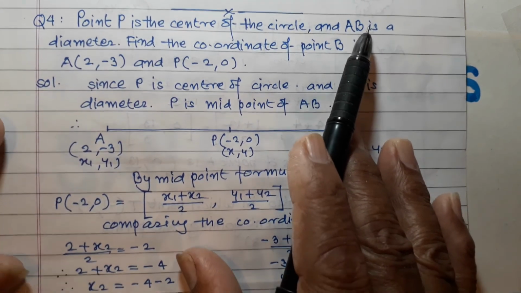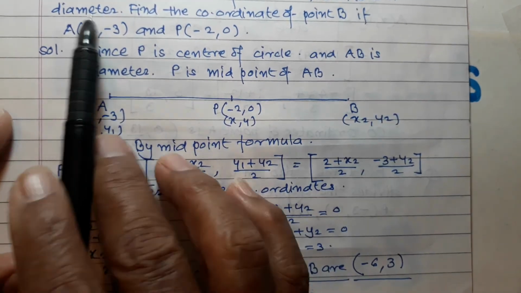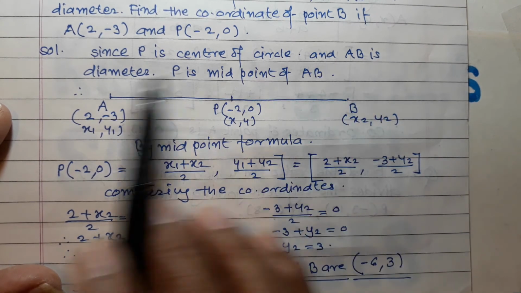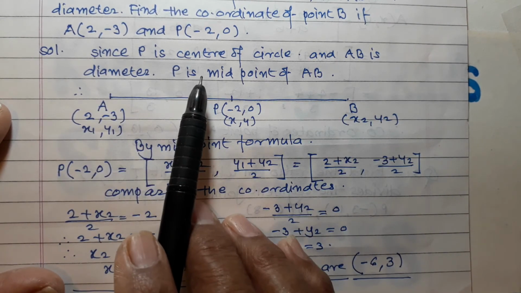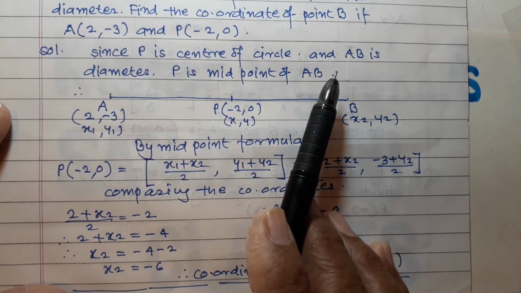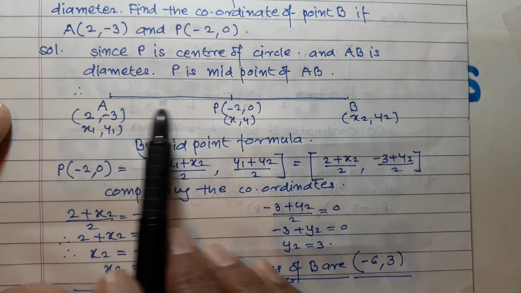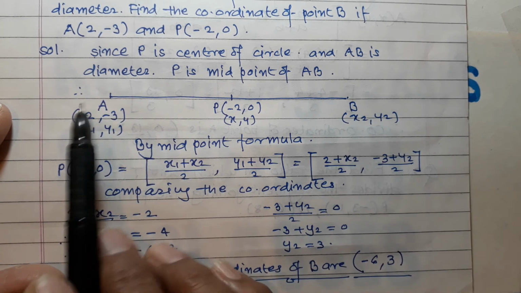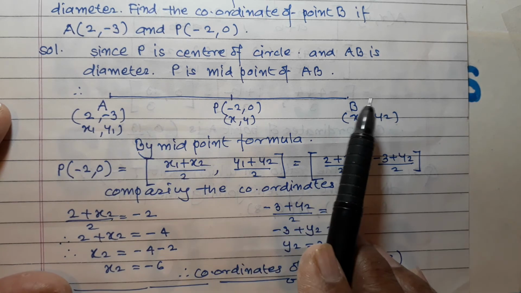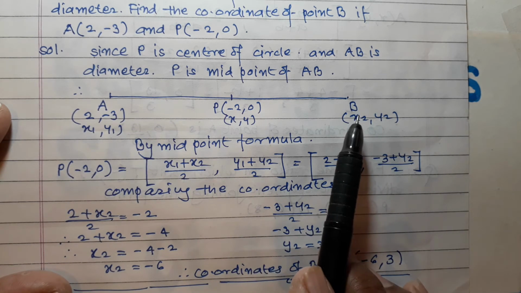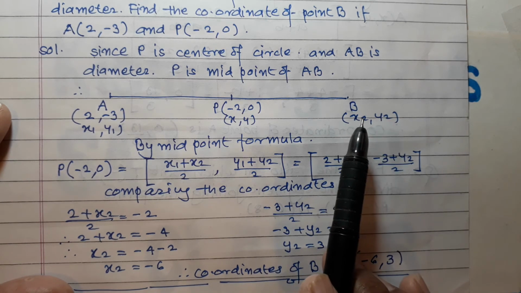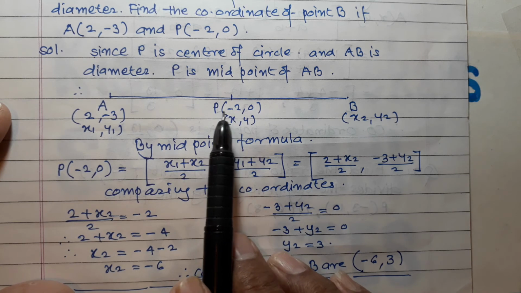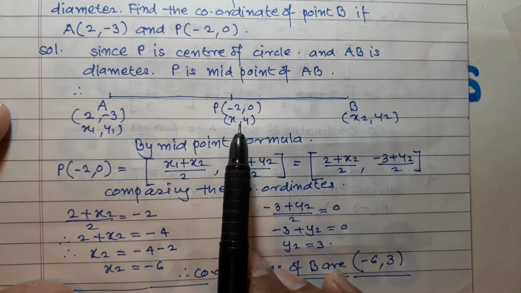Okay, now try to understand the solution. Since P is the center of the circle and AB is the diameter, therefore P is the midpoint of AB, and therefore by the midpoint formula, so again you draw the figure AB. A is (2, -3), B is, you don't know, so assume (x2, y2). P is the center, P is (-2, 0), say (x, y).